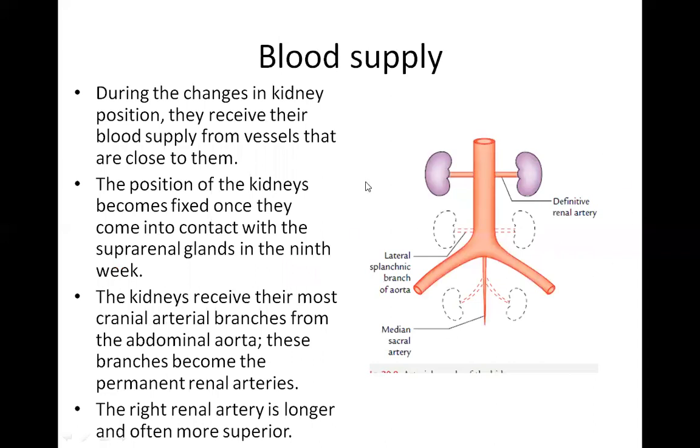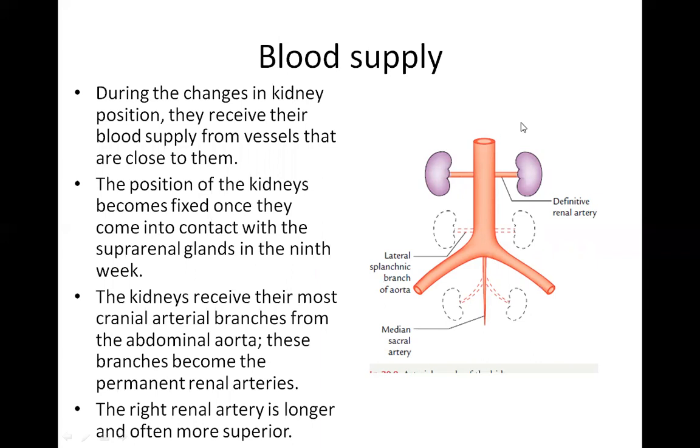Now the blood supply of the kidney: as the kidney ascends, it will change its blood supply. The blood vessel lying in close proximity to the kidney will supply the developing kidney. The position becomes fixed only when they come to lie in contact with the suprarenal glands.